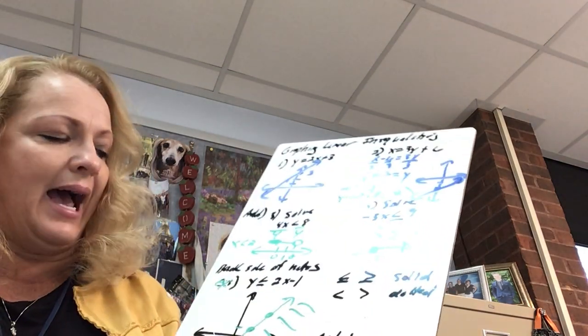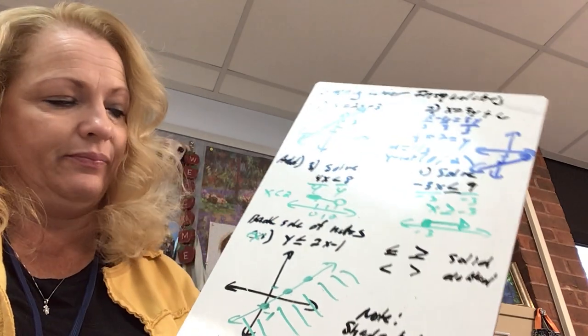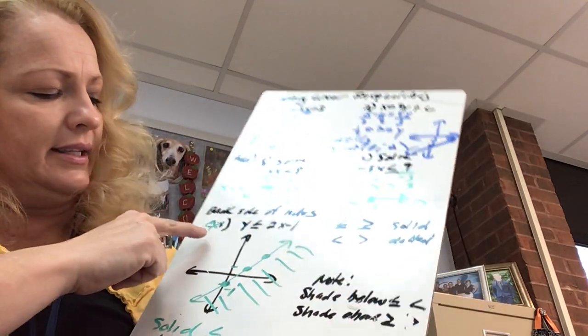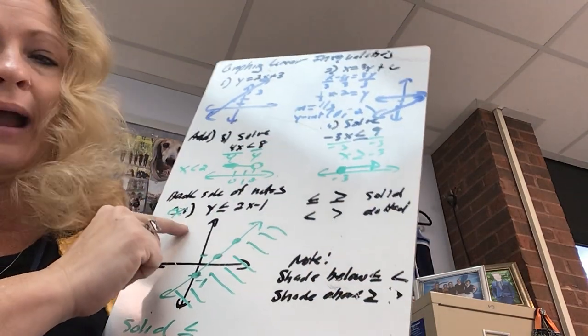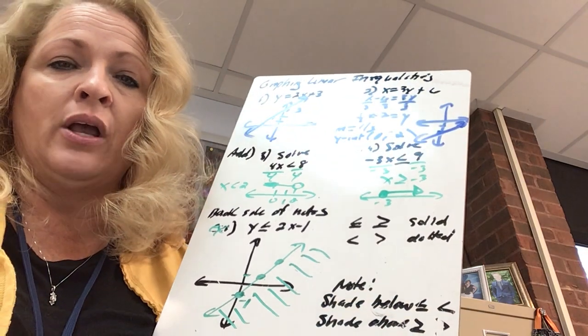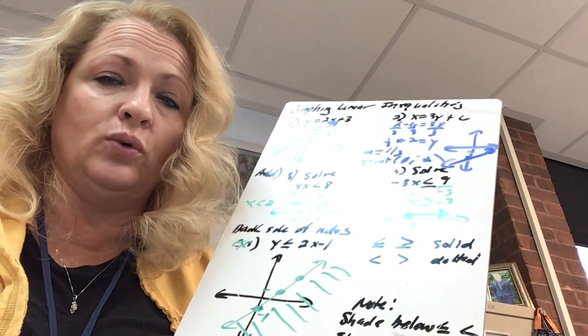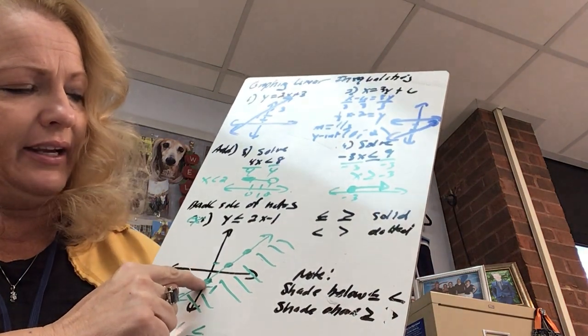Okay, so now, how do we solve a linear inequality? Let's take a look at the first example. I am graphing y is less than or equal to 2x minus 1. So you approach this like you would lines. So my y-intercept is (0, -1).